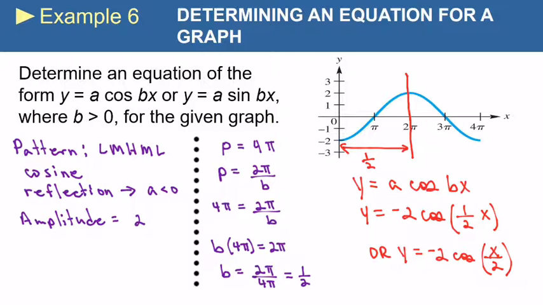Well, now b is 1/2 and we're fitting 1/2 pattern between 0 and 2 pi. So whenever we're doing this and we can see where 2 pi is on the graph, it's easier just to get b by looking at the graph instead of going through this whole equation solving process. You can often look at the graph and figure out what b is supposed to be. So let's try that on the next example.